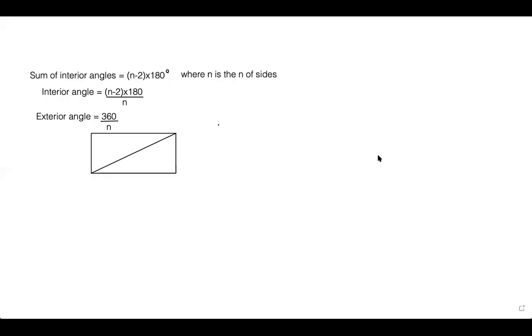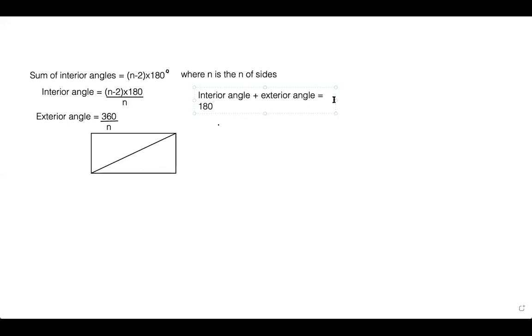But we should also include this equation: interior angle plus exterior angle equals 180.